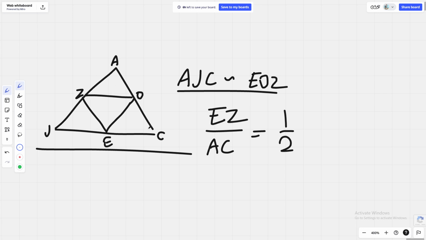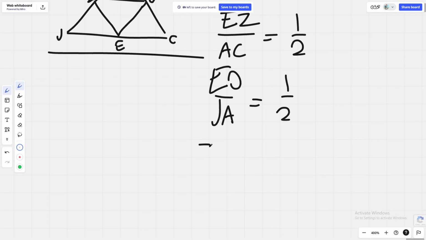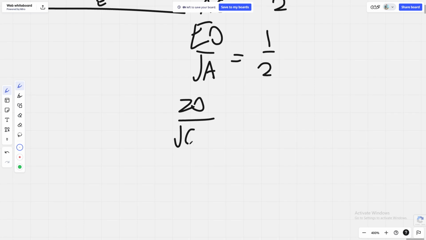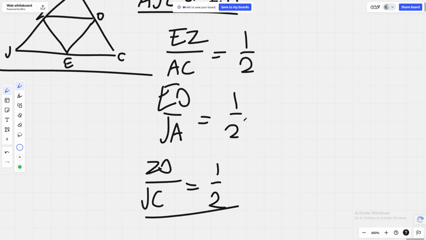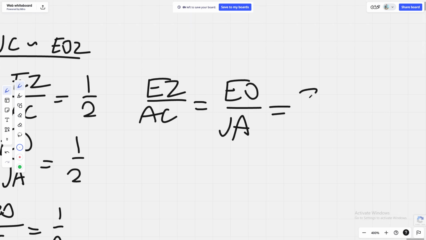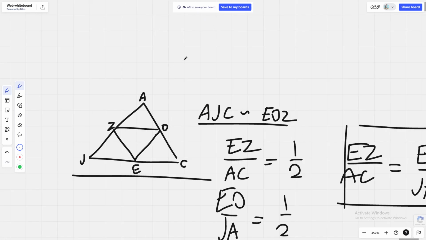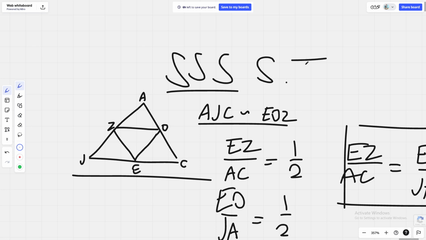Then EO over AJ is equal to 1/2, and ZO over JC is equal to 1/2. Now, by the transitive property of equality, all of them are equal to each other because they are equal to 1/2. So EZ over AC is equal to EO over JA and ZO over JC. And what we have here is a proportion. Since we have a proportion, we can say that these triangles are similar by the SSS similarity theorem.